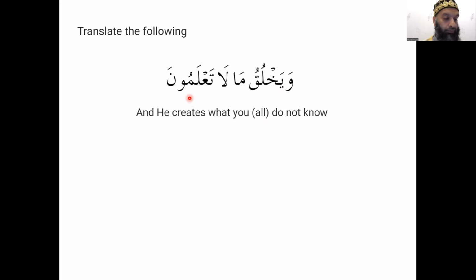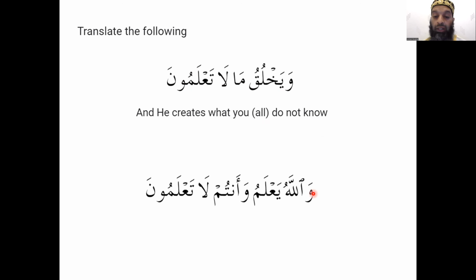Okay? Wallahu, and Allah, ya'lamu. Ya'lamu means, you want to type it, people? The ya literally means he. Yeah, exactly. And alima means to know. So he knows. So, and Allah, he knows.